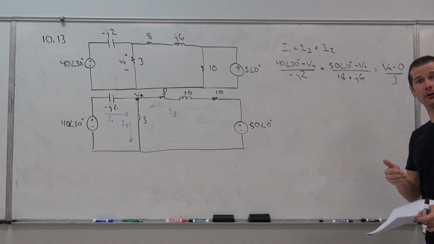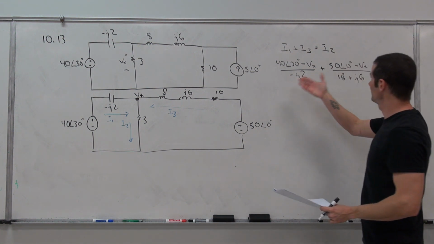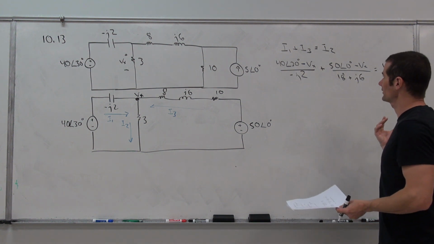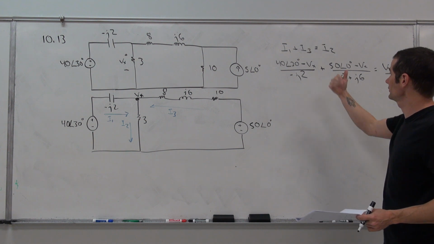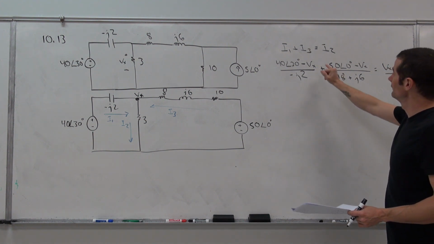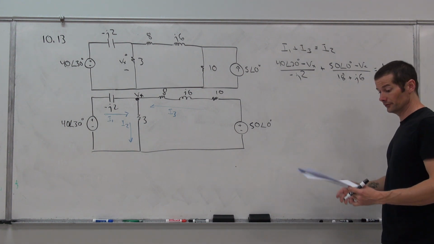So here we have just one equation, one unknown, just like we did in the prior problem. And so if we move all of our source values over to the other side, and then move the combined variable of Vx over to the right, then we have one equation, one unknown.